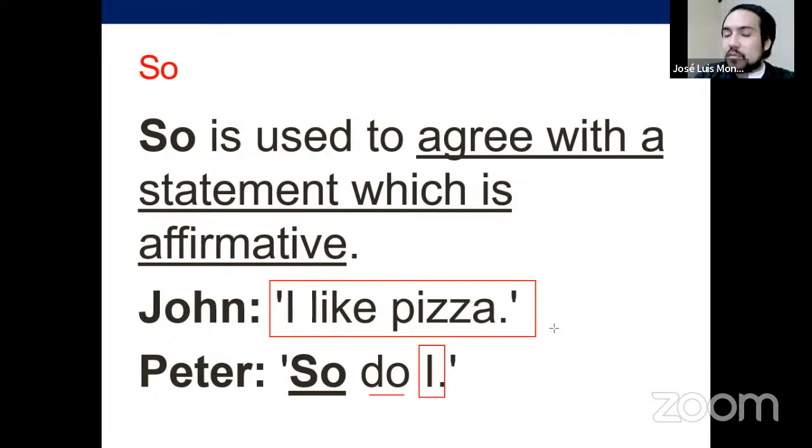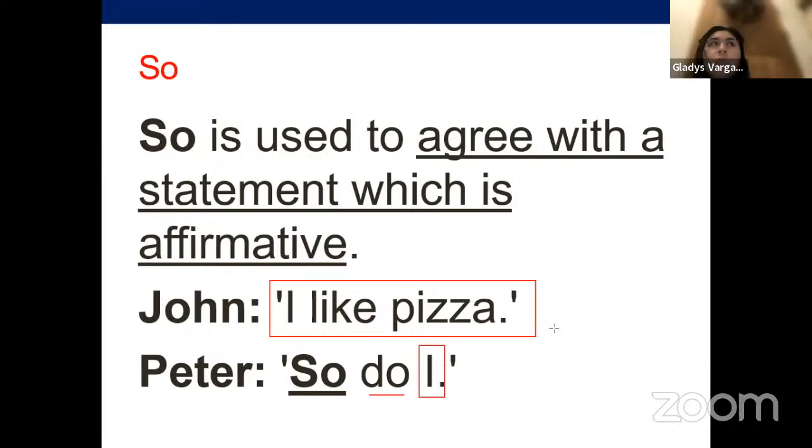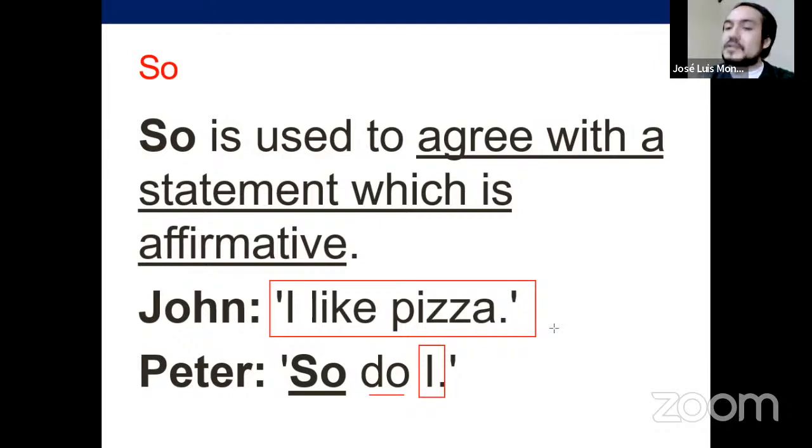But also this, right here we're practicing with so, but yes, I was too, or so was I. Correct. In all the cases, you can say I do too, or so do I, or I was too, or so was I. It's the same. This is just another variation. But yes, your answer was correct. But let's try to use only so.